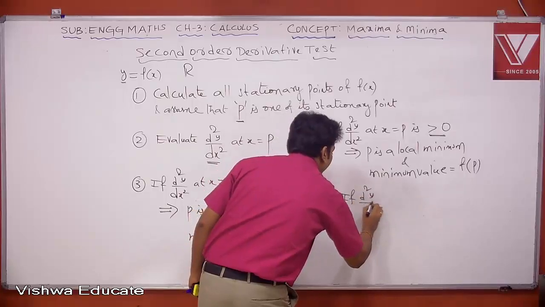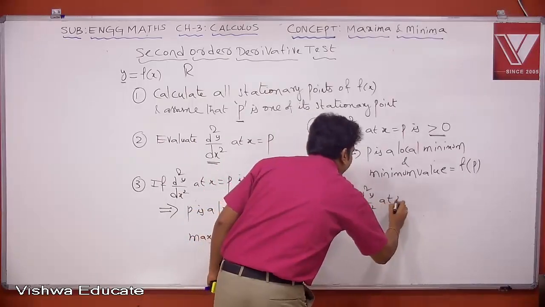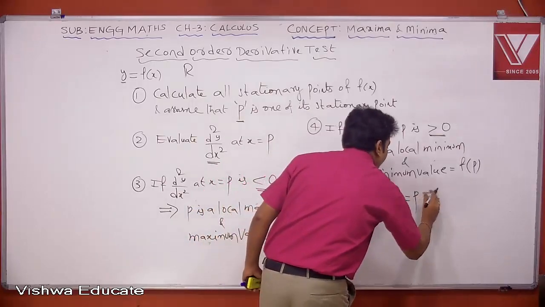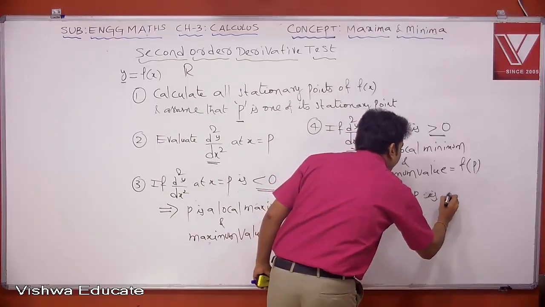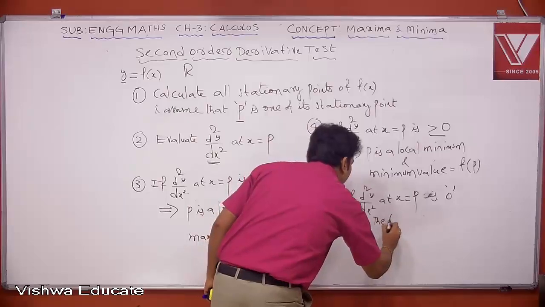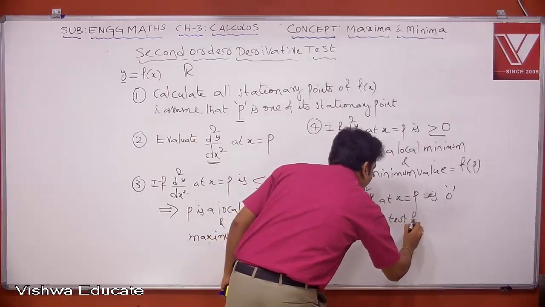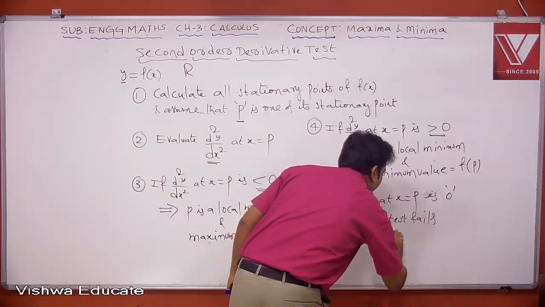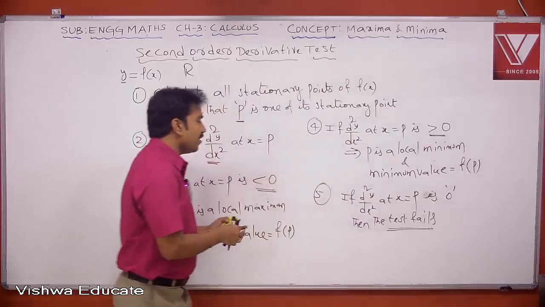That is, if d square y by dx square at x equal to p is 0, then the test fails. Then the second order derivative test fails. What does it mean?